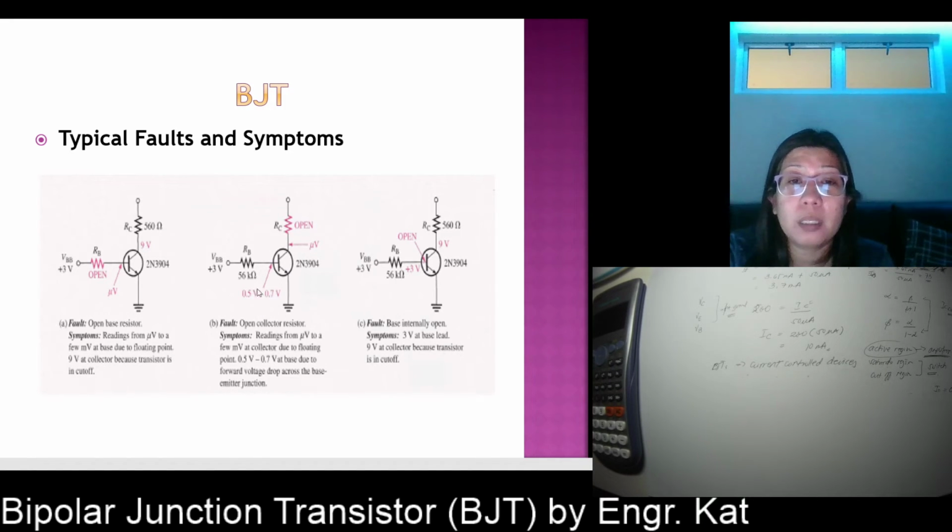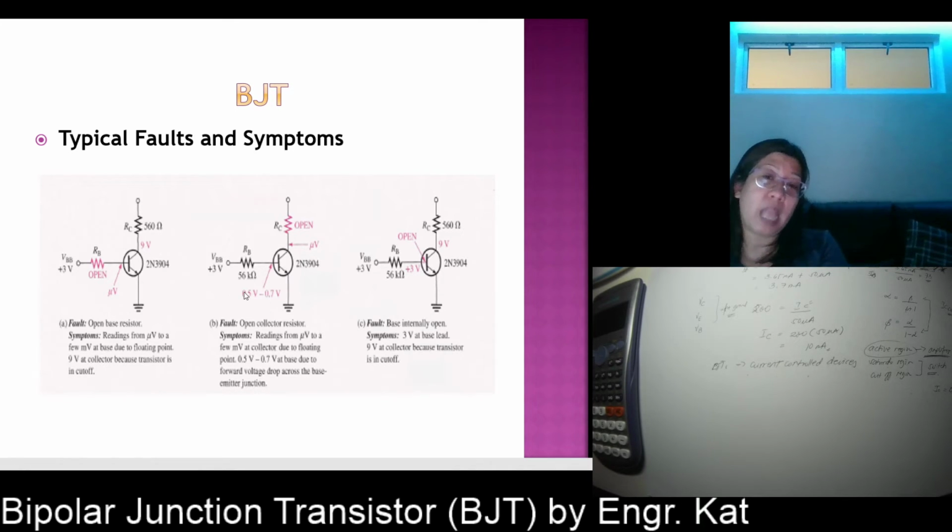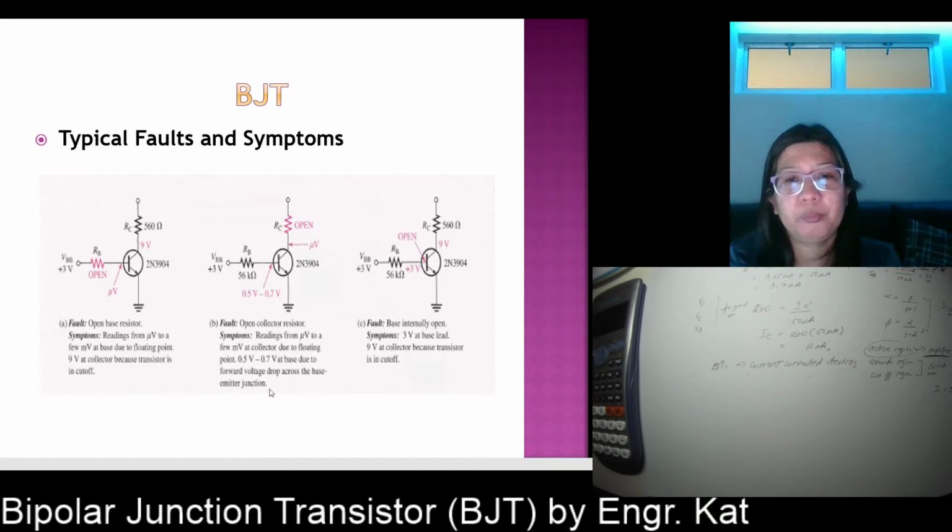Symptoms of an open collector resistor: readings from microvolt to a few millivolts. Because if you have an IB, supposedly you have an IC, but since you don't have an IC, we read 0 voltage at the collector. That means your RC is open.